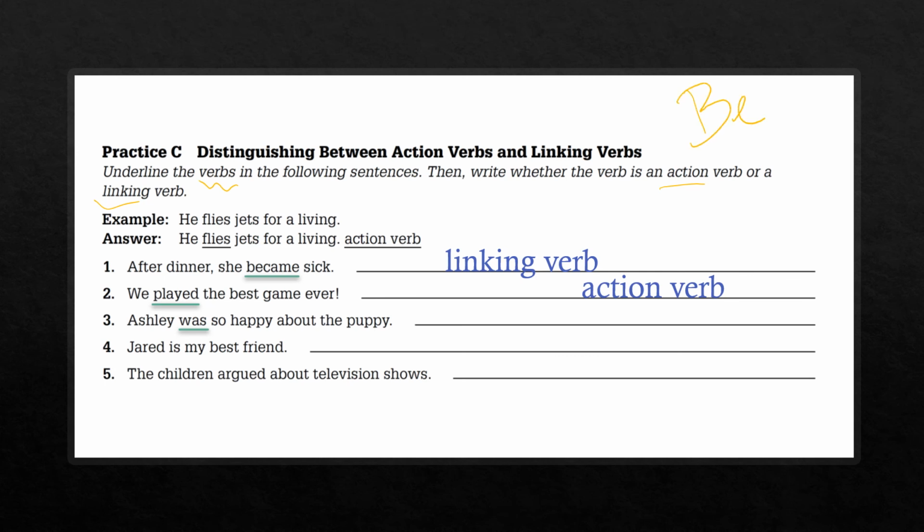Remember, you have to be familiar with the verb to be, and when it is in the present or in the past. Is it an action that Ashley is doing, or is this verb just connecting the subject with the complement, the other part of speech of the sentence? It is only a linking verb.